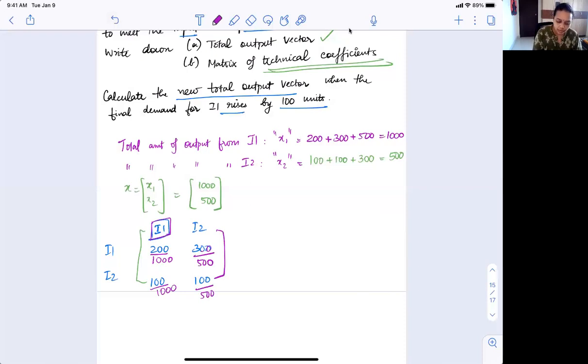So this now becomes 0.5, I think this will be 0.6, this is 0.1, and this is 0.2. Is that the right matrix?